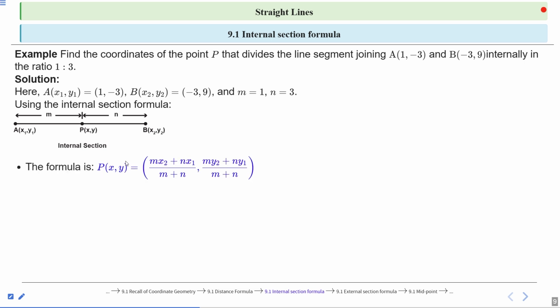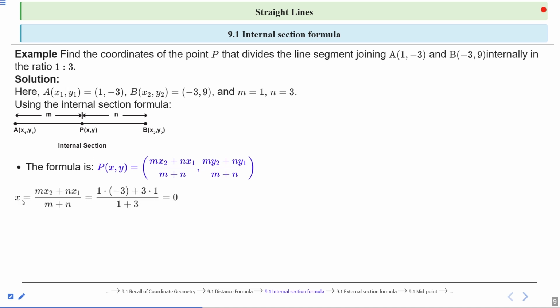So the formula for the point P is equal to (mx2 plus nx1) divided by (m plus n) comma (my2 plus ny1) divided by (m plus n).